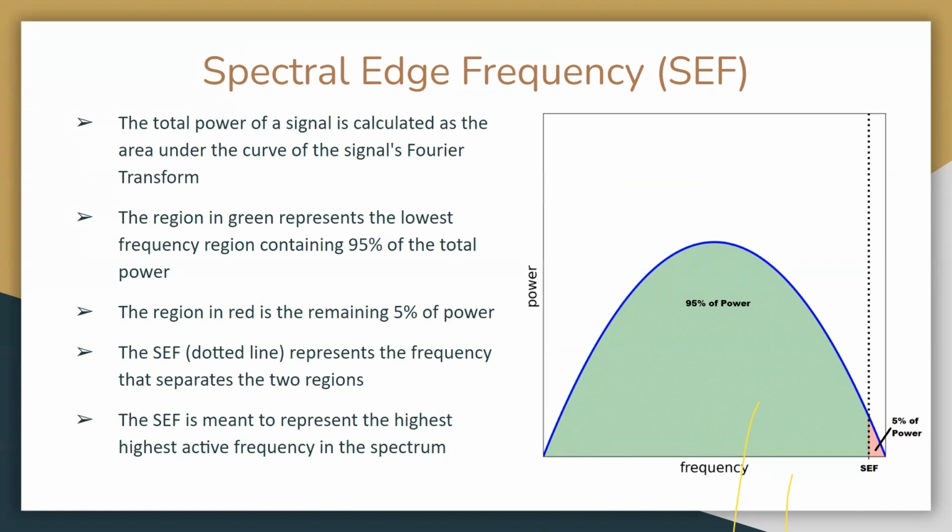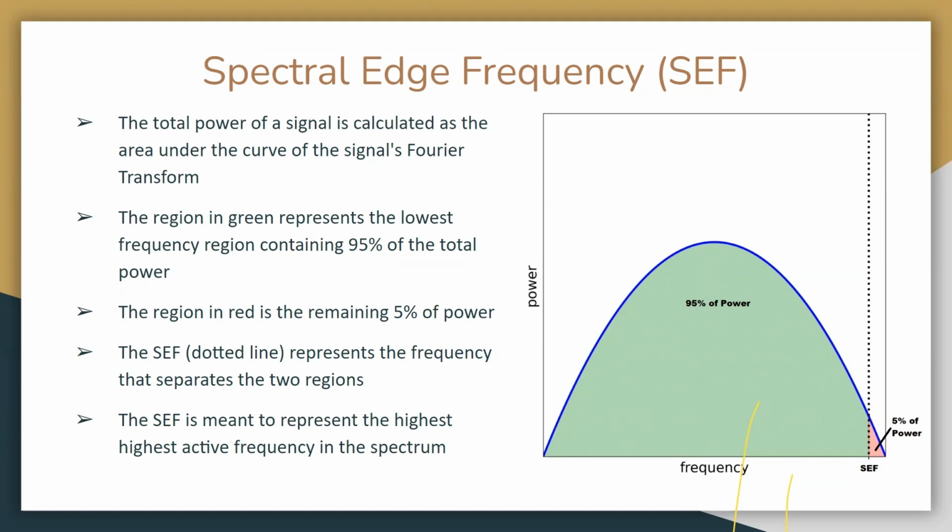And what I can do is say, okay, at what point have I captured almost all the power in my signal? And that point is going to be the frequency at the edge of my spectrum, the spectral edge frequency. So here this green area represents 95% of the power in my signal.